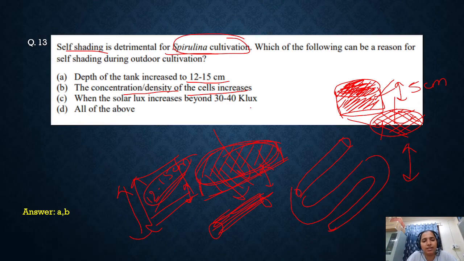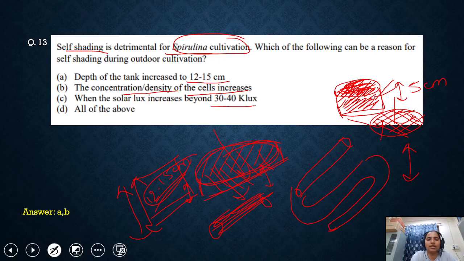Third option they have given is when the solar lux increases beyond 30 to 40 k lux. Okay, this is representing the solar light, or you can say energy in the form of solar light.